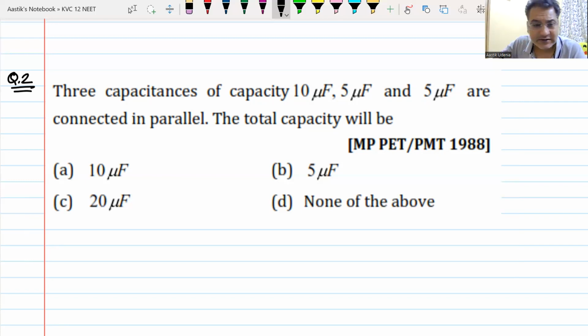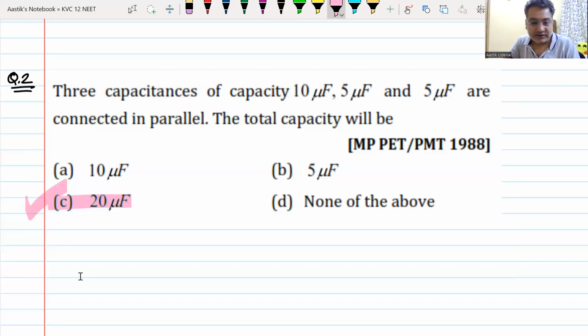What will be the total capacitance, beta? No answers? Viram gives me an answer. Anyone else? Option C, sir? That is correct. C1 plus C2 plus C3 is what we have to do. 10 plus 5 plus 5, and the answer is 20. Everyone understand this? Yes or no? Yes, sir.